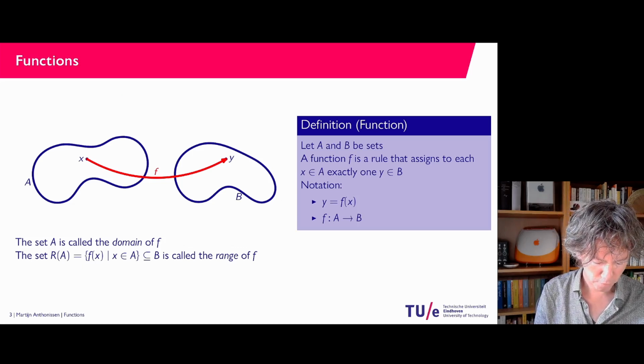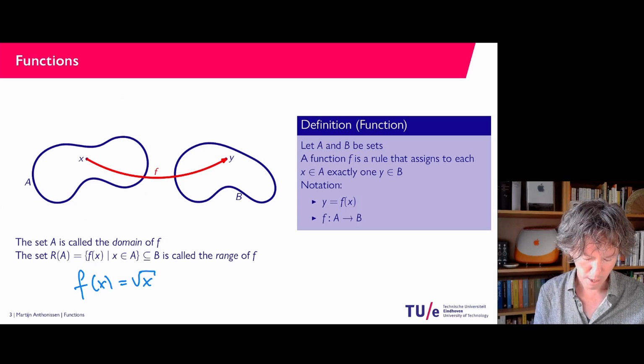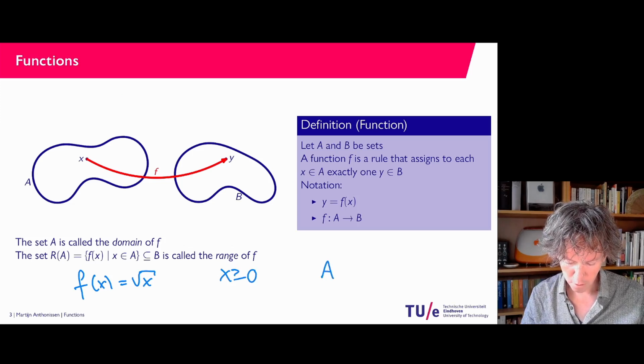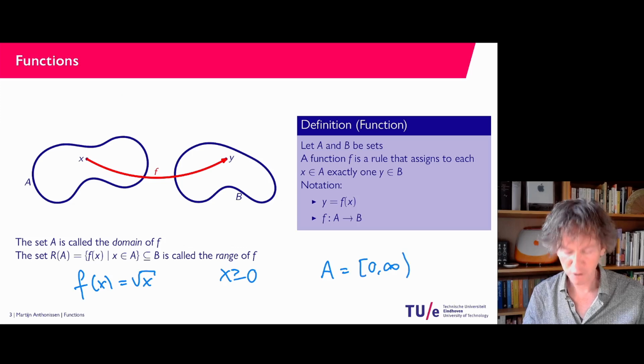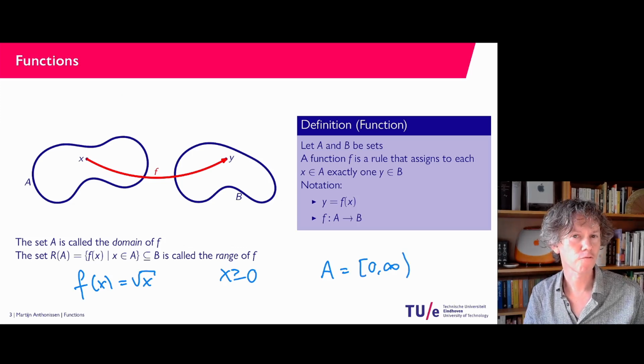So for instance, if you have the function f of x is the square root of x, well, you know that it only makes sense to take the square root of a non-negative number. So x needs to be larger or equal 0. So very often we will take as the domain A the set from 0 to infinity. So the largest collection of numbers that it makes sense to apply the function to.